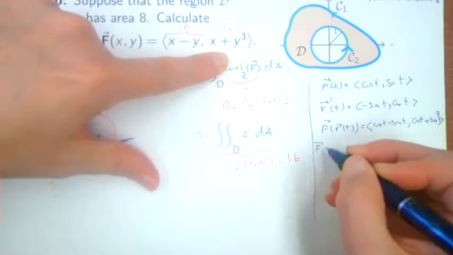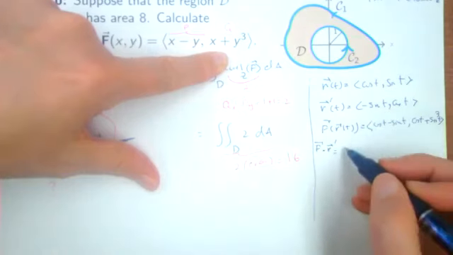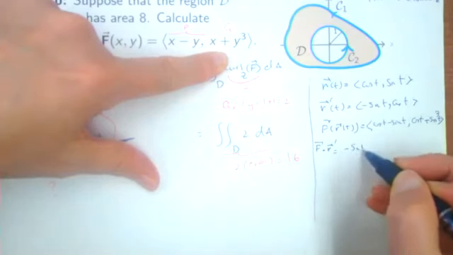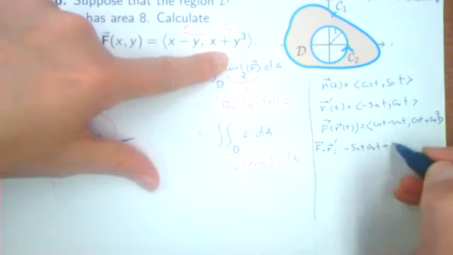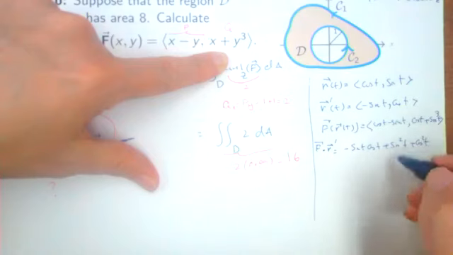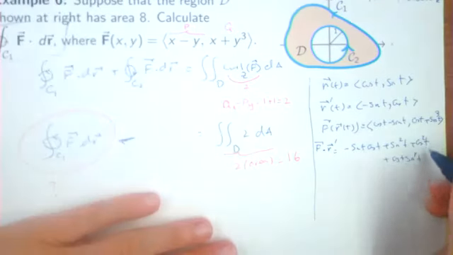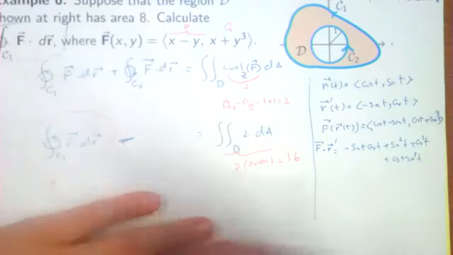Then F dot r prime is going to be negative sine t cosine t plus sine squared t plus cosine squared t plus cosine t sine cubed t.